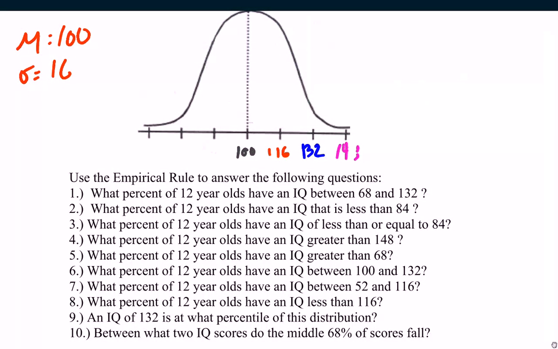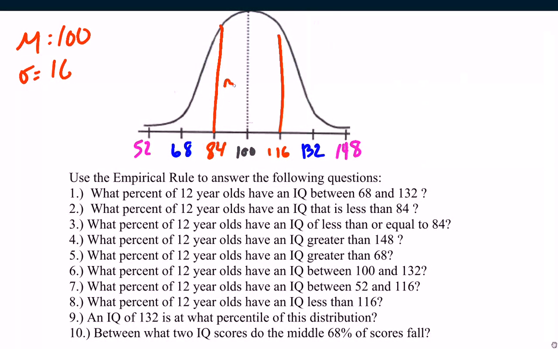Whoa, that was ugly. Then I go back to 100 and I go subtracting. So 100 minus 16 would be 84. Minus another 16 would be 68. Minus another 16 would be 52.